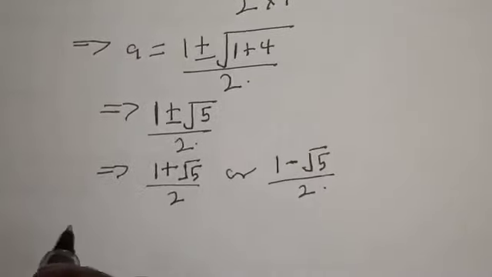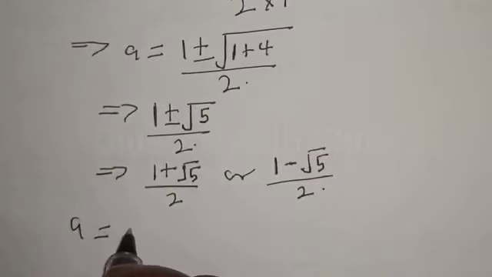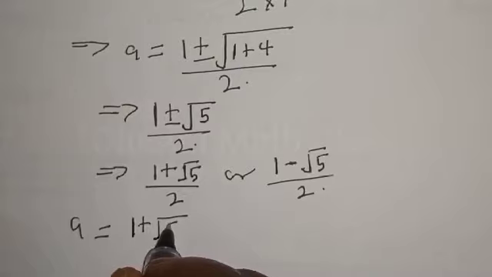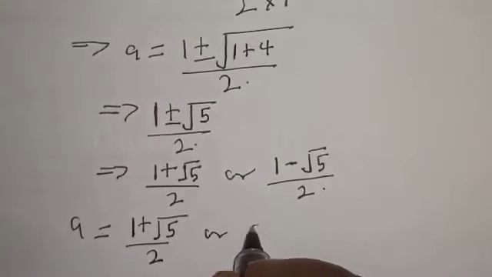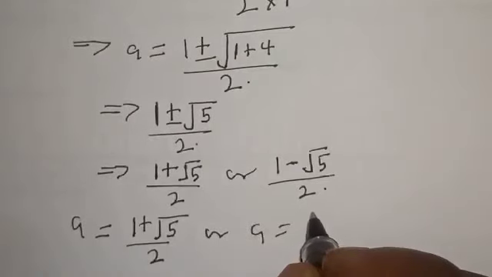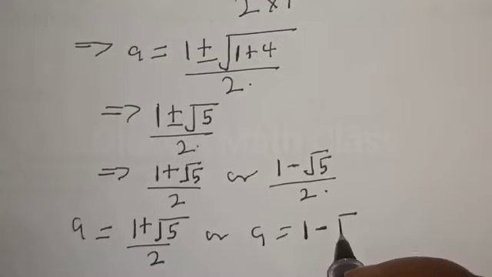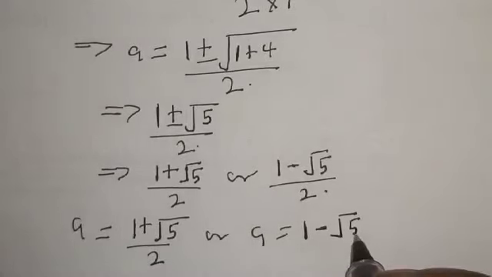Therefore our a is equal to 1 plus root 5 over 2, or a is equal to 1 minus root 5 over 2.